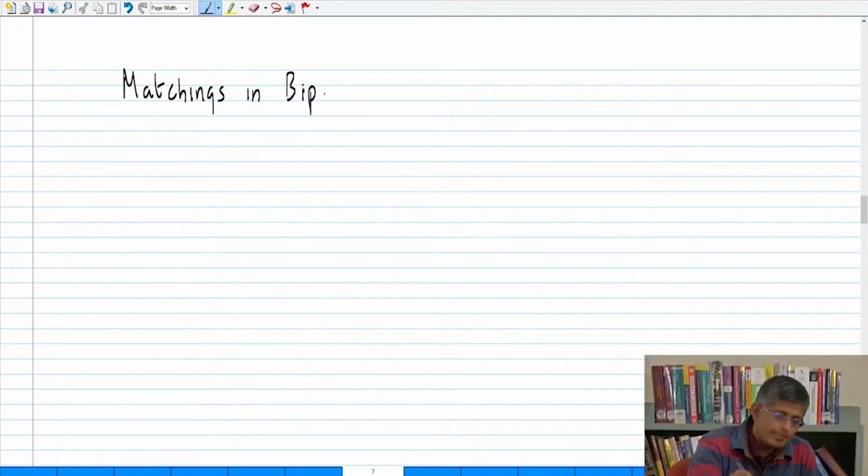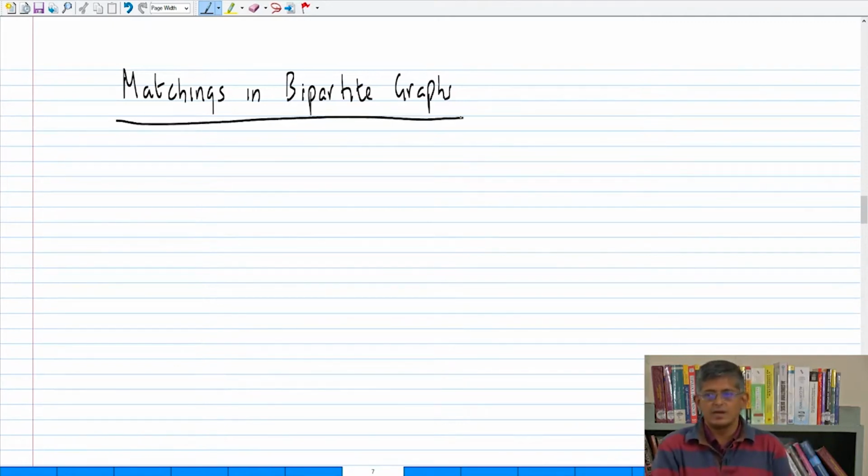Now, let us focus on very special kinds of graphs. In particular, let us focus on matchings in bipartite graphs.